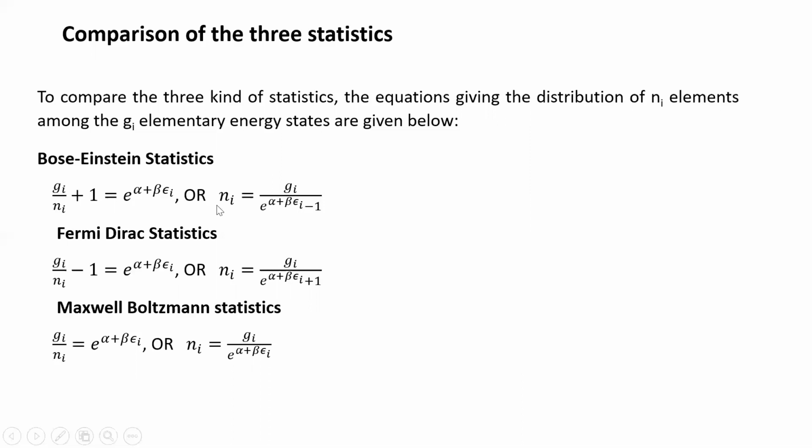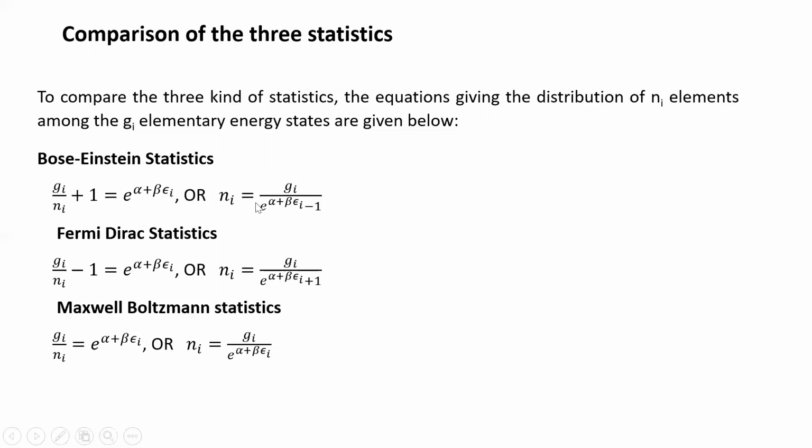So this one, Ni is equal to Gi by e raised to alpha plus beta Ei minus 1, is Bose-Einstein distribution. And this one, Gi by e raised to alpha plus beta Ei plus 1, is Fermi-Dirac distribution. And this one is Maxwell-Boltzmann distribution.